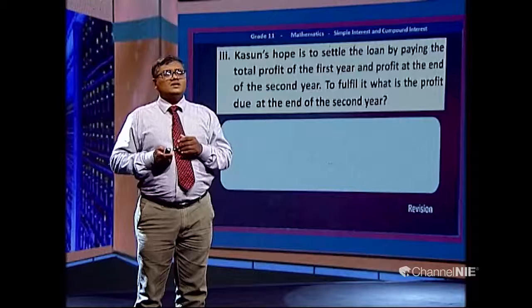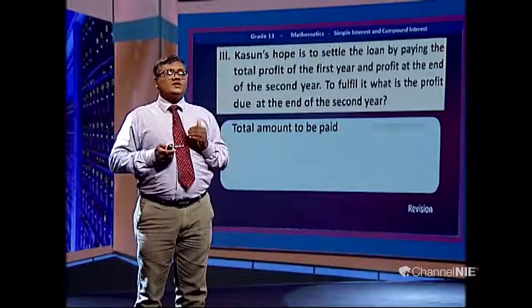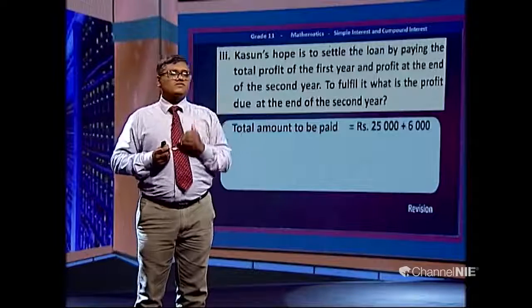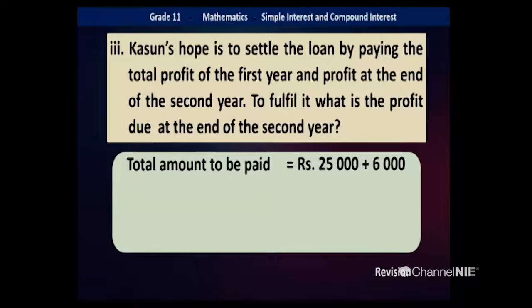Now, the total amount to be paid. How to get rid of the loan? How to settle the loan? He has to pay 25,000 and 6,000 for both years. 25,000 plus 6,000, the answer is 31,000. If this person pays 31,000 at the end of the year, he will be released from the loan.